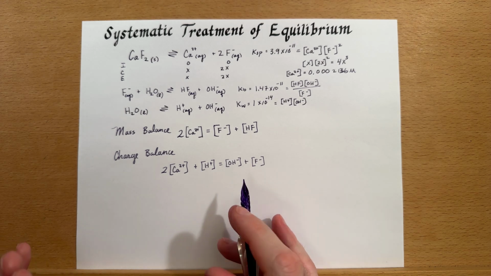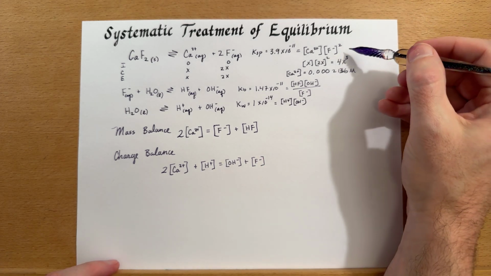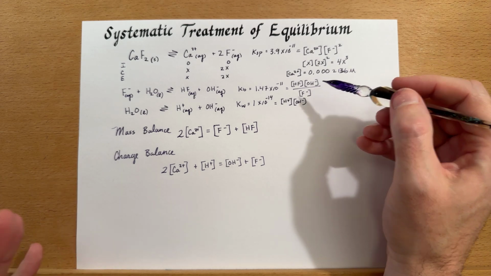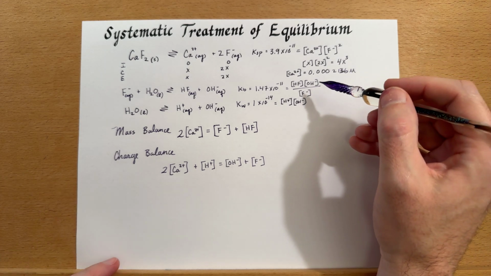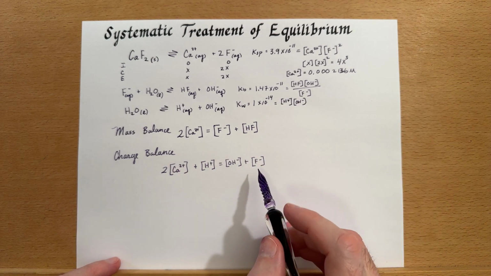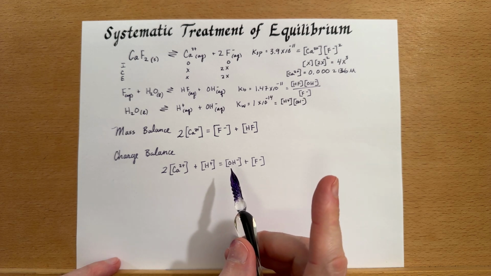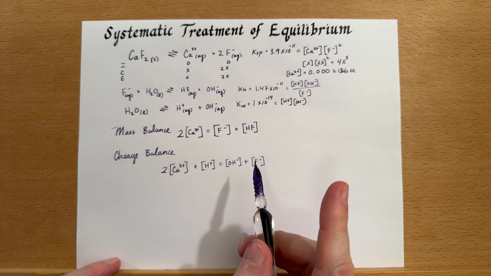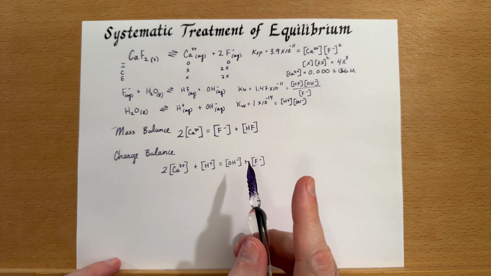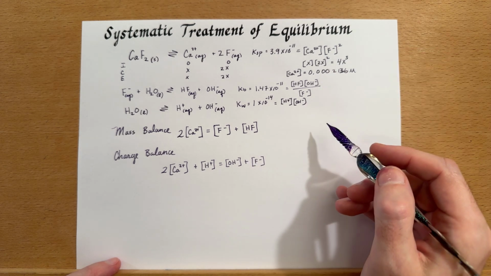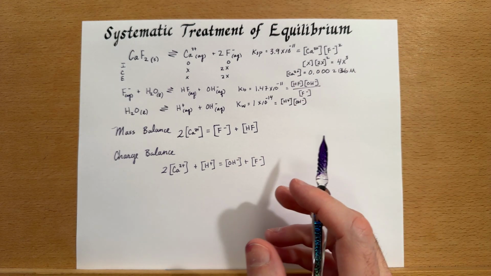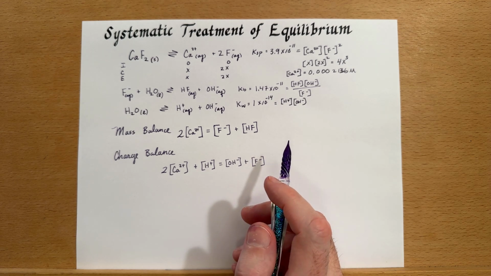Now, once we have all of these, we have our KSP expression, we have KB or KA, either works really, KW, a mass balance and a charge balance. It is possible to now solve for the calcium ion concentration. It's just not that easy because there's a lot of equations and there's squares and a whole bunch of other pieces there that make it a bit complicated.